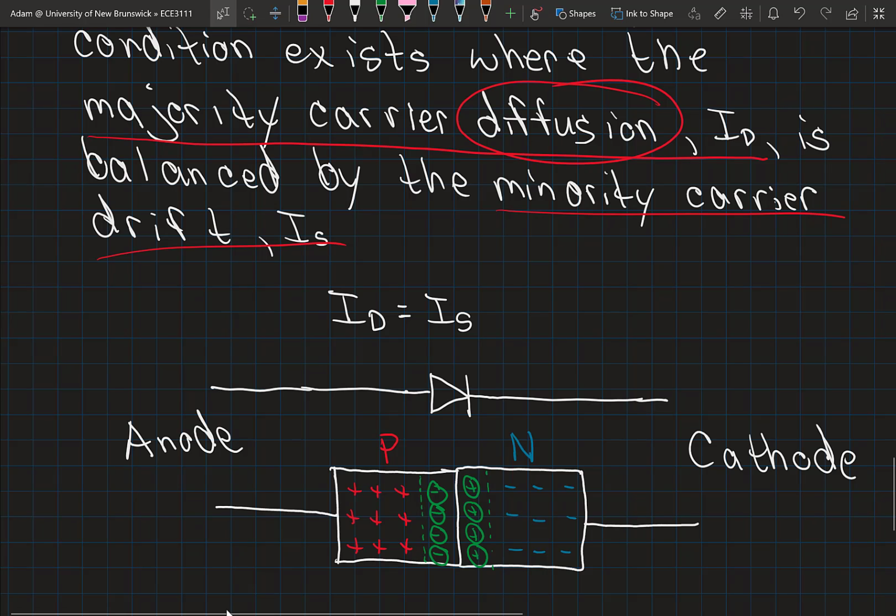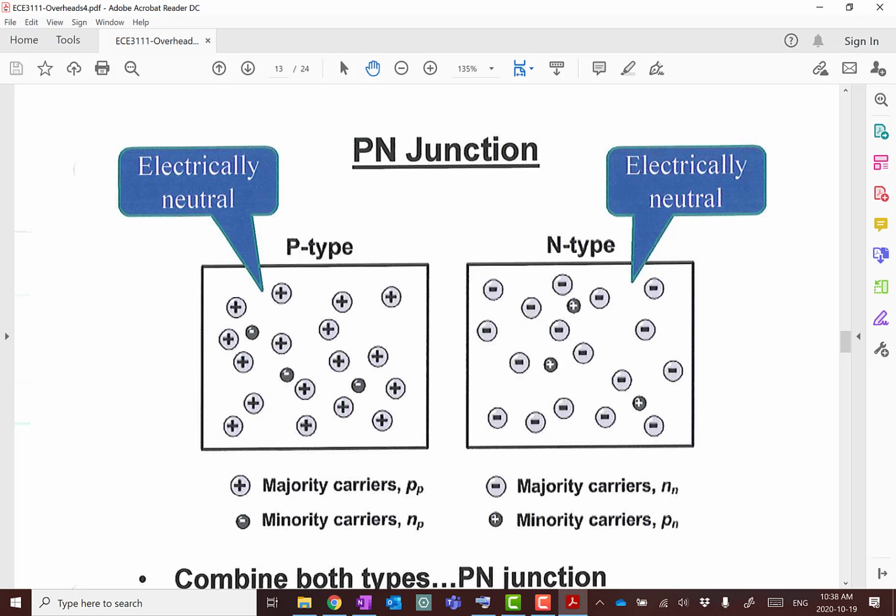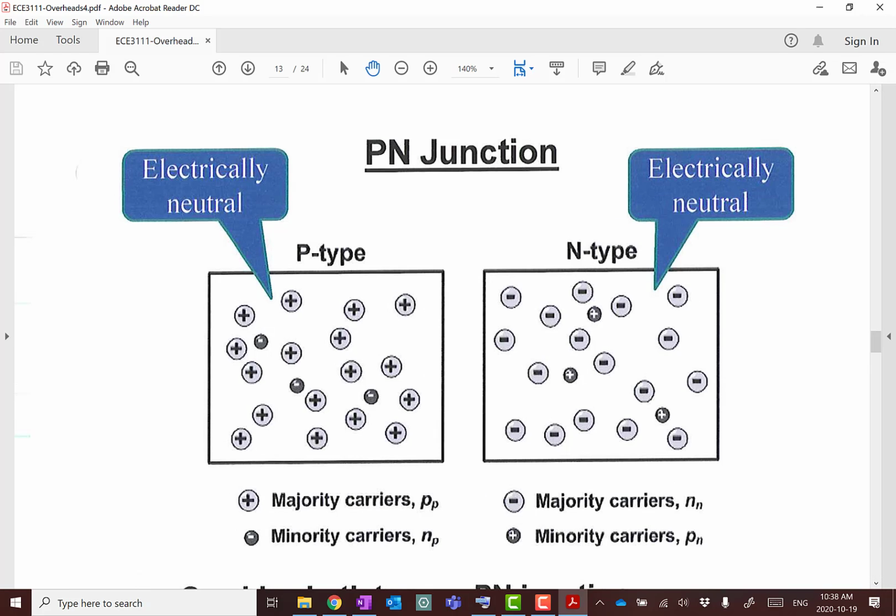Now I want to take you to the slides that are available for this class that you can find on D2L. We have some good graphical representations of this process. Here's a figure showing our two separate p-type and n-type materials that will be used to form our PN junction, and a little more detail has been added to show the minority carriers in each of the materials as well.